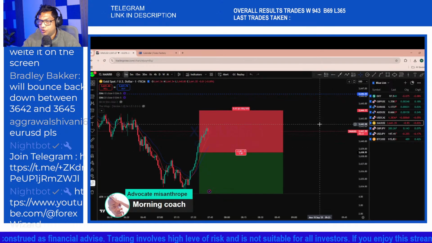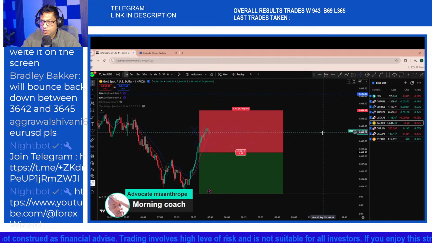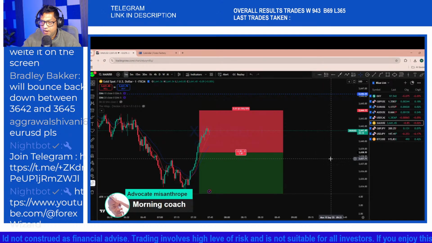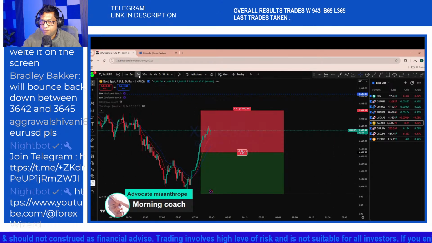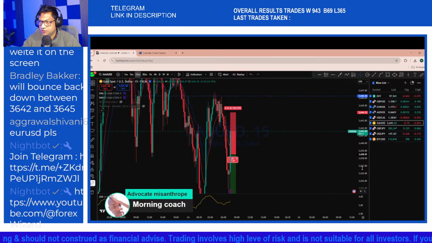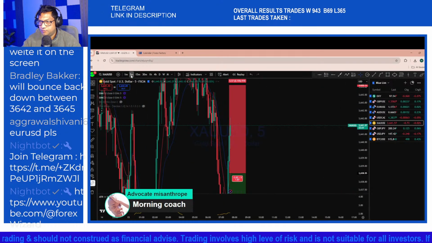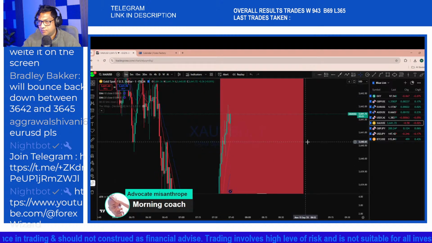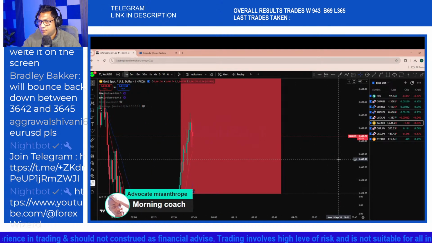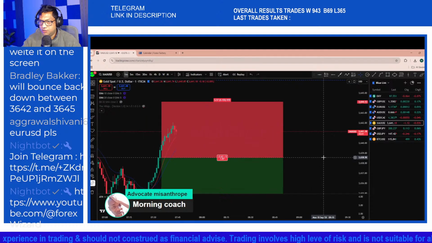Waiting for a potential rejection, and if this market returns back below to that support, we can expect it to come straight back to that level here, to that long-term support zone. Getting some rejection potentially here.